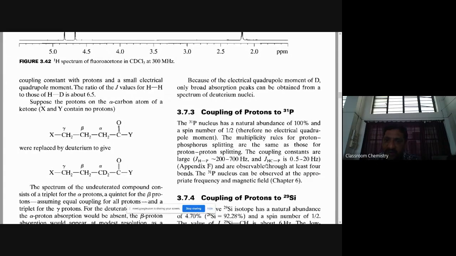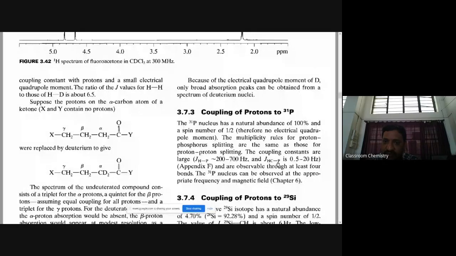And when the proton is attached to a carbon coupled with phosphorus, its coupling constant, the J value, is 0.5 to 20 hertz. So that is the difference. All of you understand this?